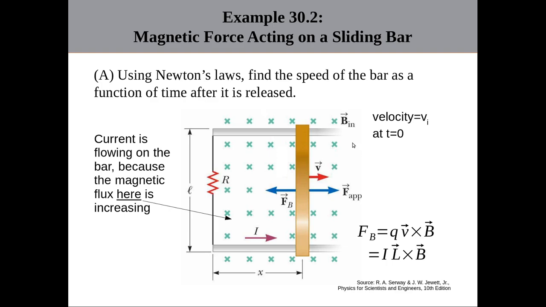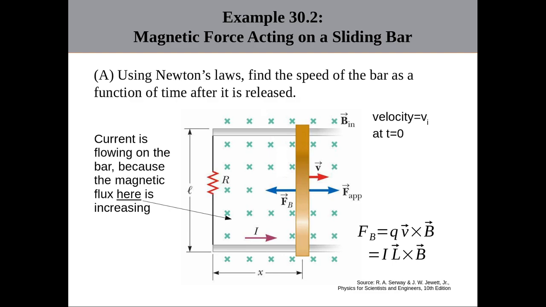Okay, and the green crosses are showing you the direction of the magnetic field. So the magnetic field now is pointing into the paper. And we have to use Newton's law and find the speed of the bar as a function of the time after it is released.